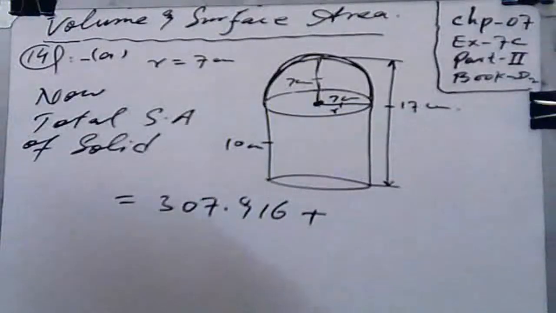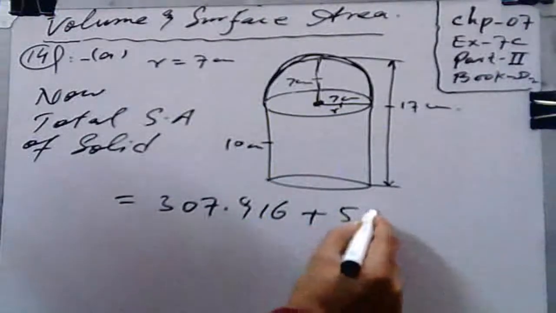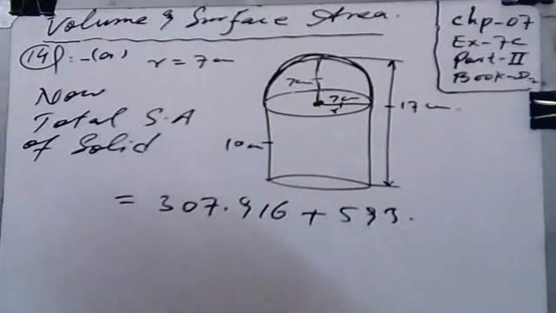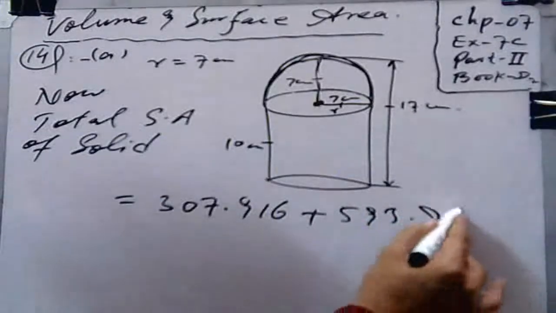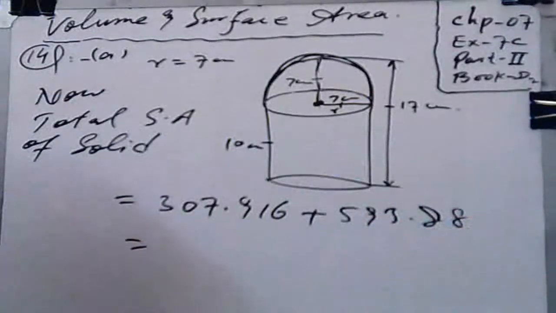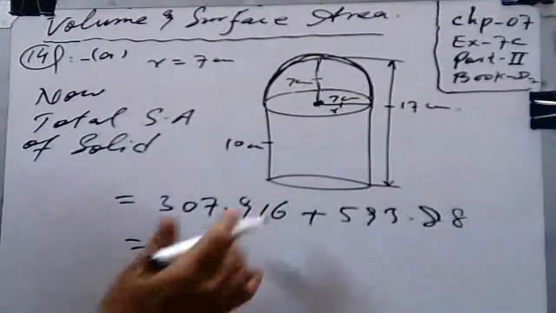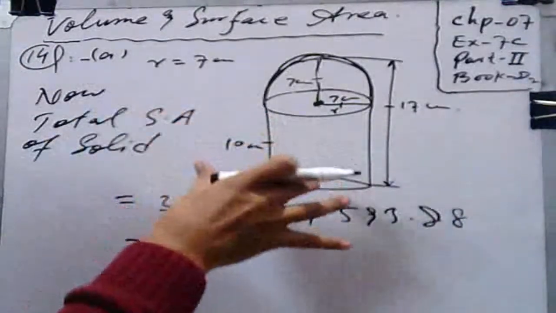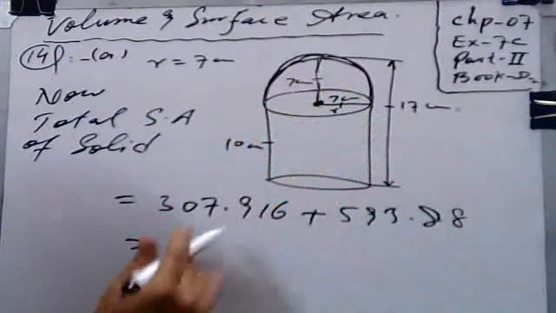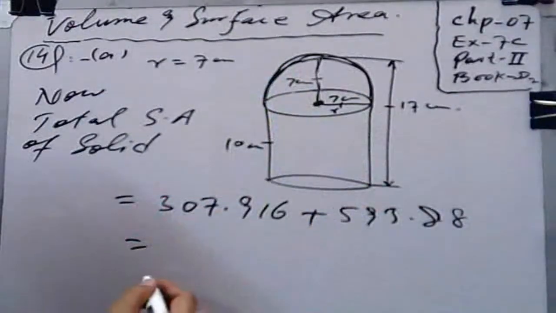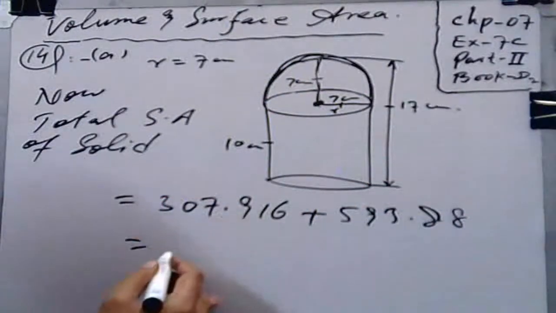So that is your surface area of cylinder. So by adding you will get the total surface area of a given figure solid in which hemisphere and cylinder is involved. So the exact result is 902 centimeters square. So that is your surface area of a given solid.